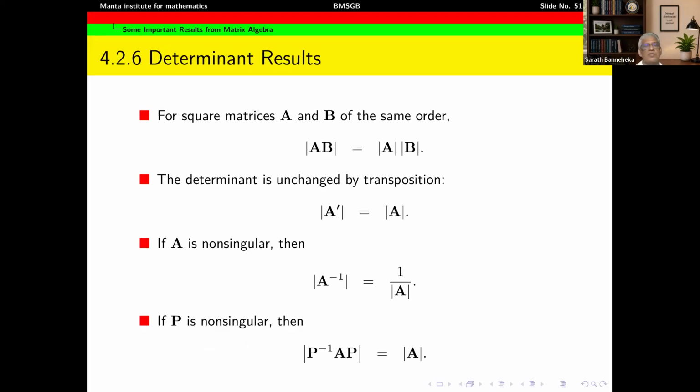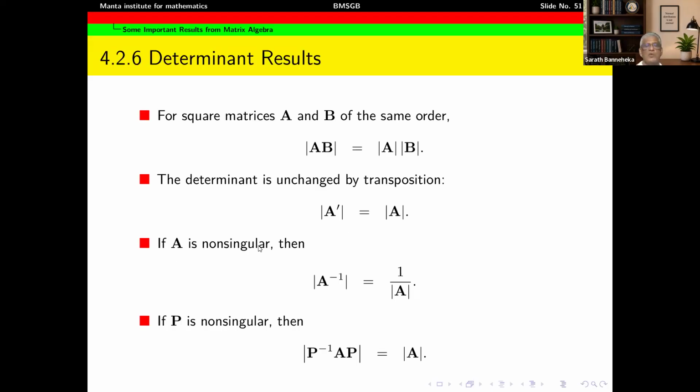And then some results regarding the determinant, right? For square matrices A and B of the same order, determinant of A times B will be equal to the determinant of A times determinant of B. That is one result. The determinant is unchanged by the transposition. That's a very, very well-known result. I have just included it for completeness.